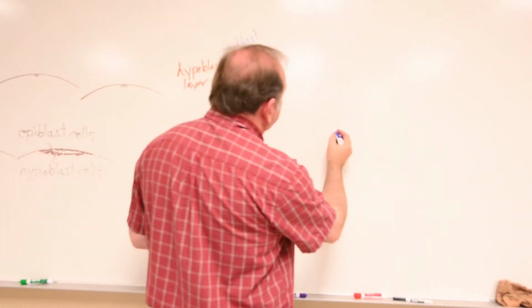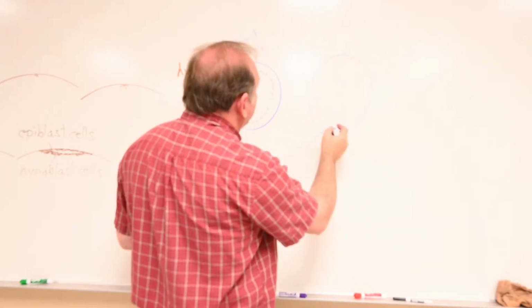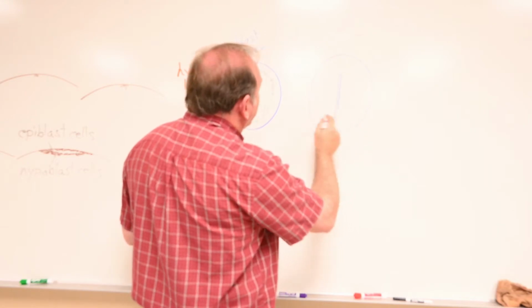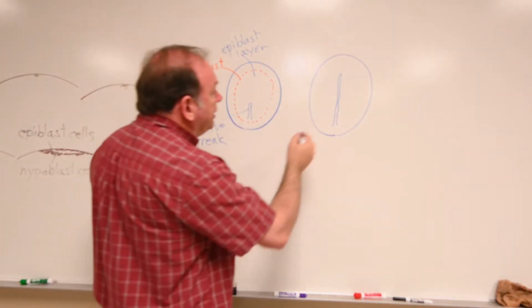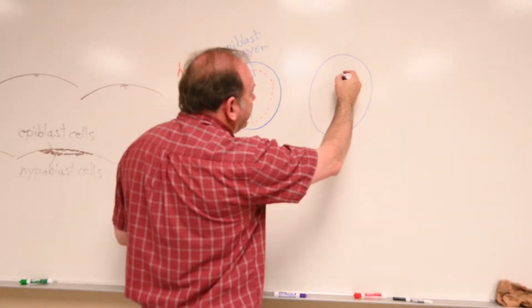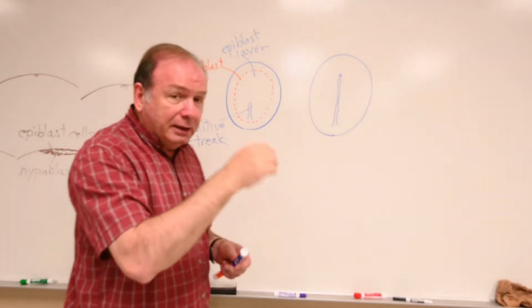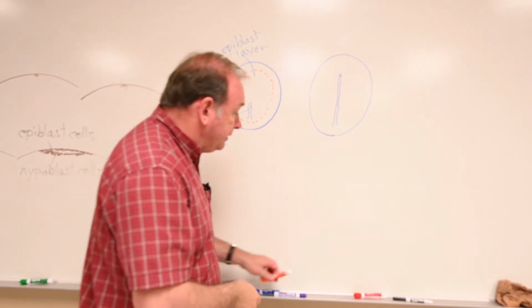In our next picture here, we'll have basically the same thing, but the primitive streak is going to enlarge and extend forward across the surface of that blastodisc. So our primitive streak has expanded, and at the very anterior end of that primitive streak, right there, a little divot forms, a little depression in the very end of it.